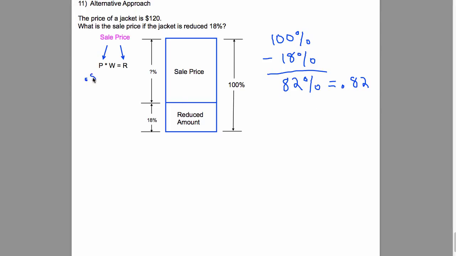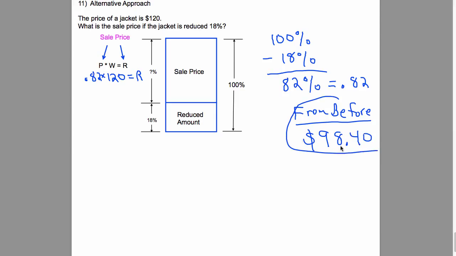So 0.82 times 120 equals R. And we know from before that the answer was $98.40.